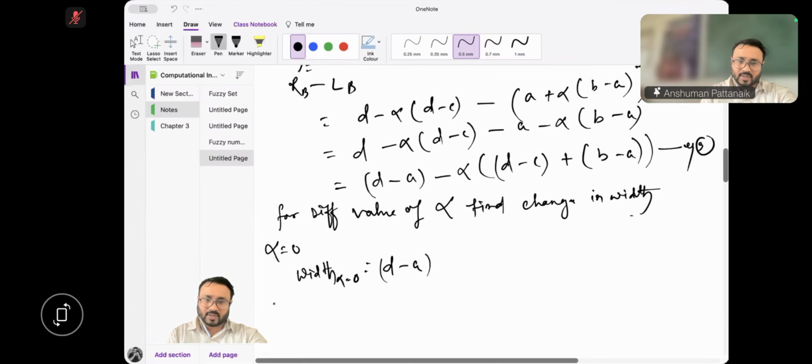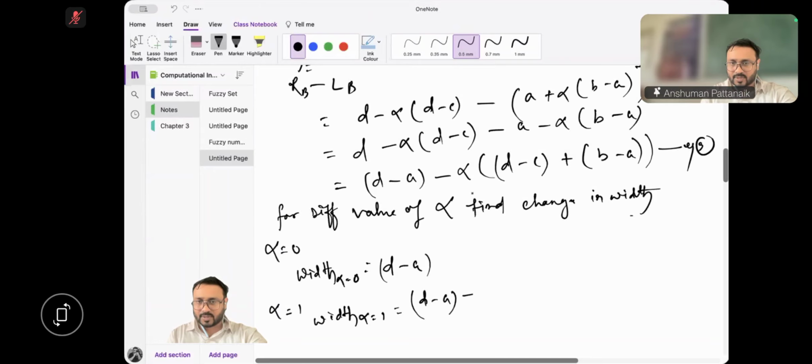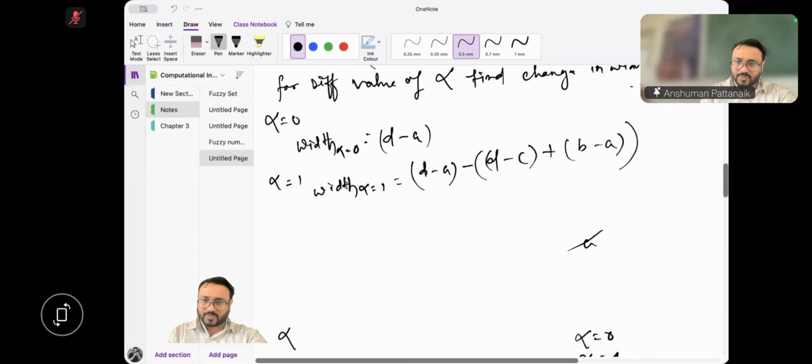Okay. What is the value of width when alpha equal to 1? If I put alpha equal to 1, what will be the scenario? D minus a minus 1 times ((d minus c) plus (b minus a)). If I open the brackets, what will I get?